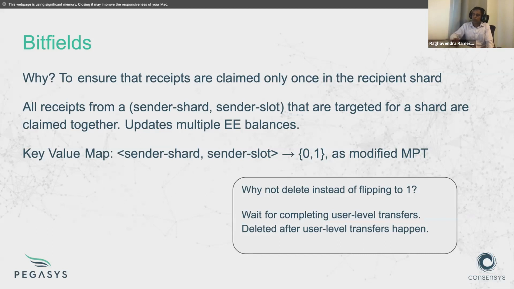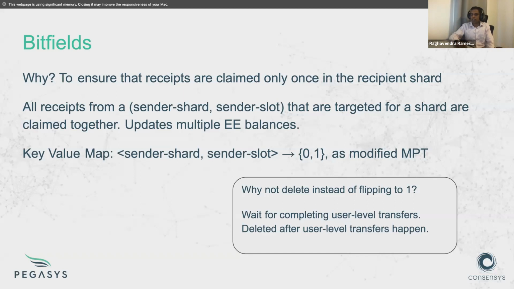Again, these bitfields are maintained as a key value map, from the sender slot to a bit value, 0 or 1. 0 signifies that none of the receipts from the sender shard on this particular sender slot are processed. 1 says that all of them have been processed. One natural question here is why flip the bit to 1 and keep it around.